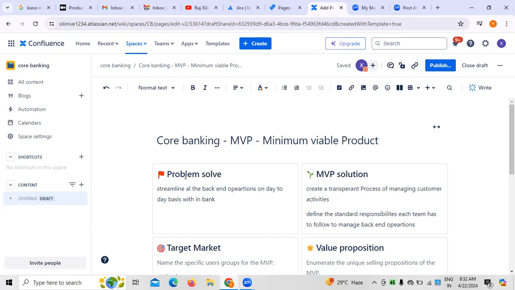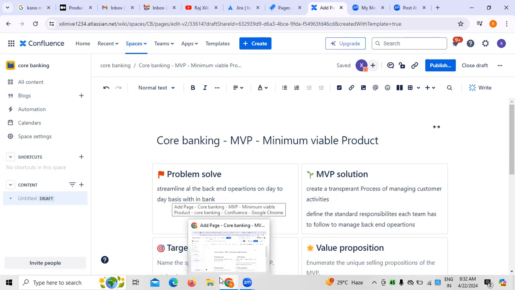This is how we normally create a minimum viable product. When we are working in Agile, especially using Jira Confluence, if you publish this document, it can be viewed by the team members. Based on this MVP document, development will take place in the coming days.